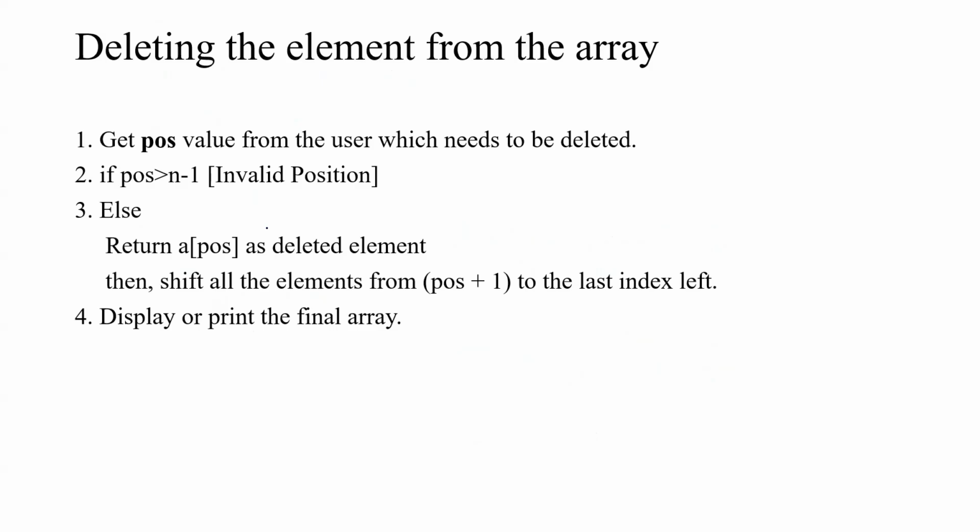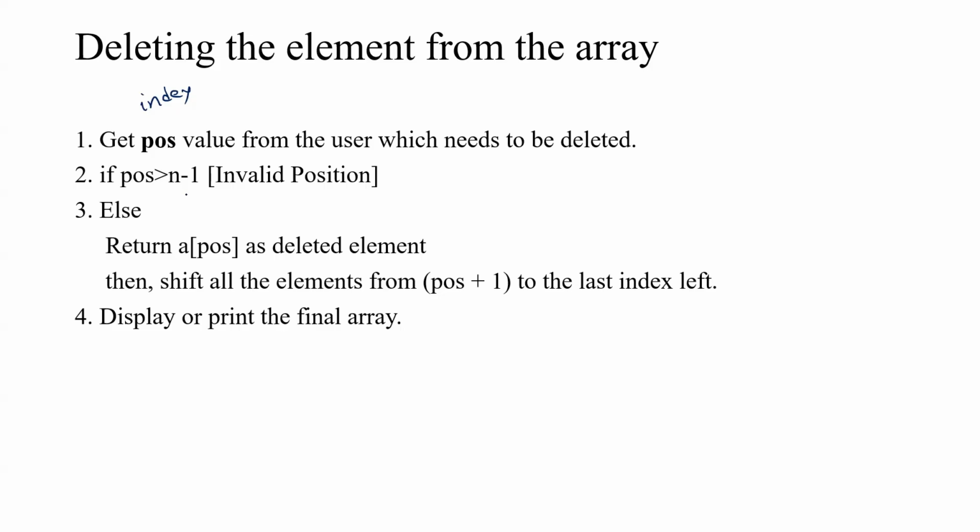Now we will see the algorithm for deleting the element stepwise. So what is the first step? In the first step, we will take the position value or index value from where we want to delete the element. And in the second step, we will check whether this position is correct or not. Let's suppose the position you are saying is bigger than the number of elements.